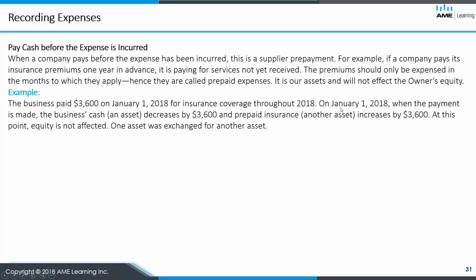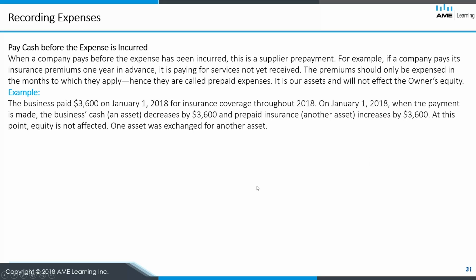But on January 1st, 2018, when we make the payment, at the very instant we make it, our cash goes down for the payment, and then the prepaid insurance asset, it's another asset, goes up by the full amount. At that point, equity is not affected. It's just one asset being exchanged for another asset.